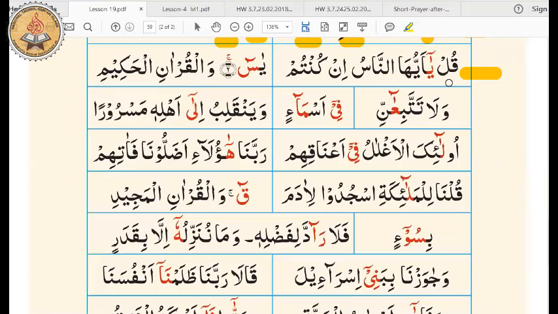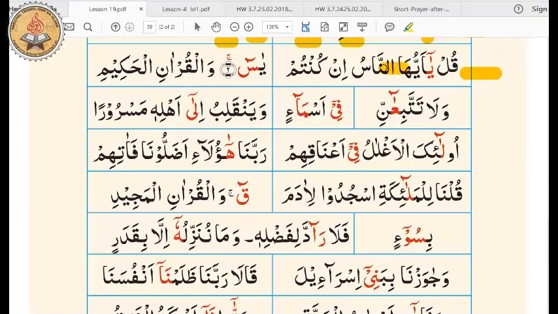Kul ya ayyuhan nasu in kuntum. Okay, so it is قل يا أيها الناس إن كنتم.